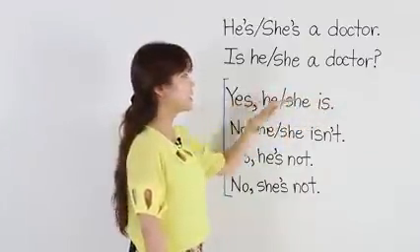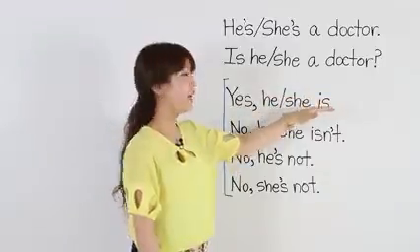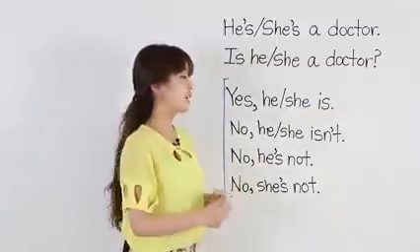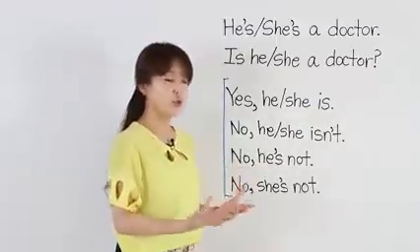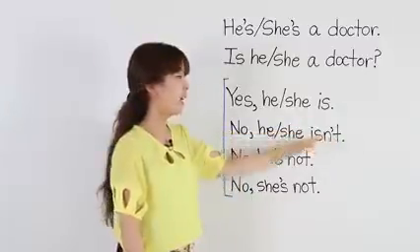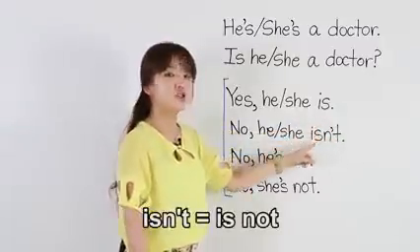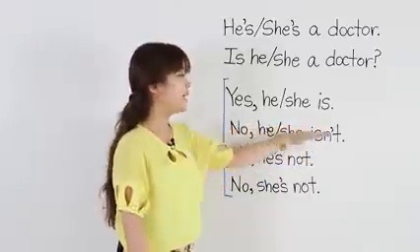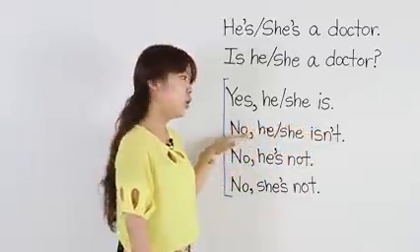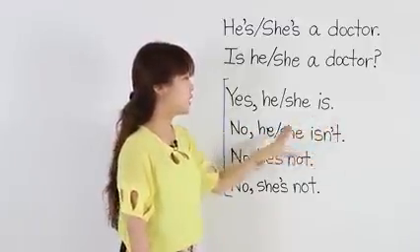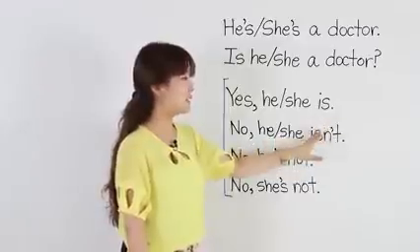Or, yes, she is. That's easy. When you come to no, this is where it gets a little tricky, but you can do it. No, he isn't. Isn't is a contraction for is not. No, he isn't. Or, no, she isn't.